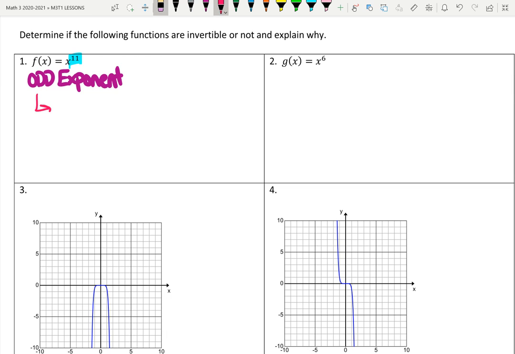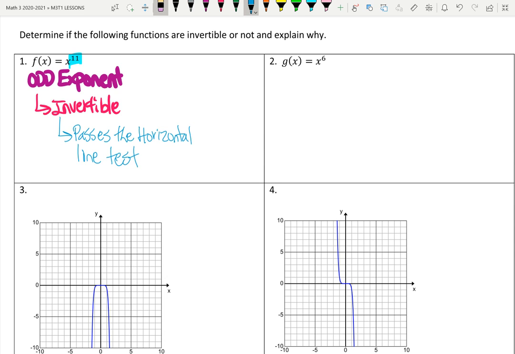Therefore, it is going to be invertible. And therefore, it passes the horizontal line test. I do not know what this looks like, but I know that it's going to definitely pass the horizontal line test. It can look something like so.